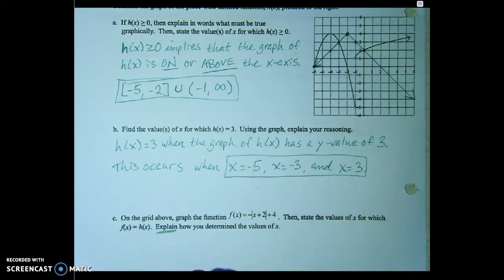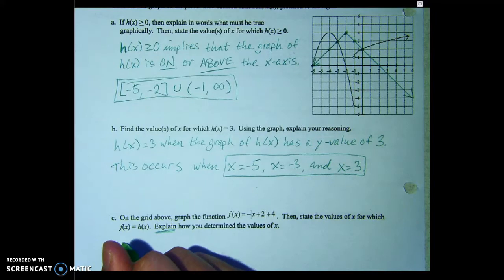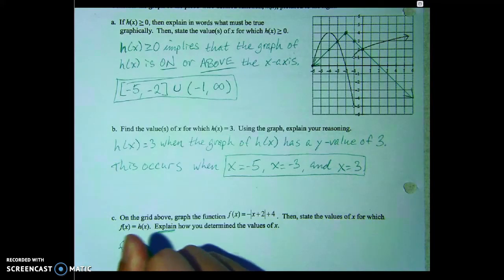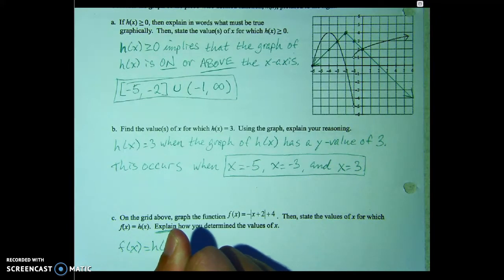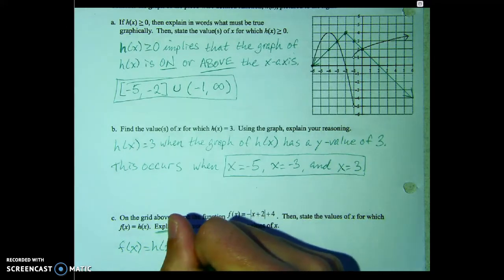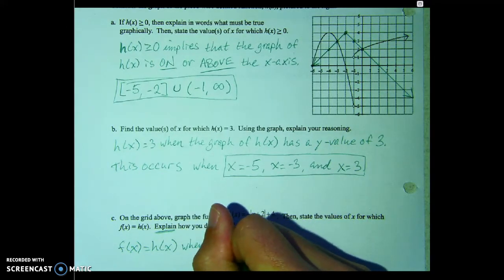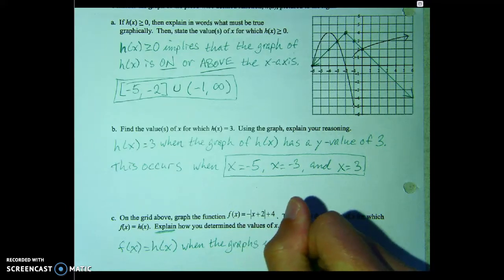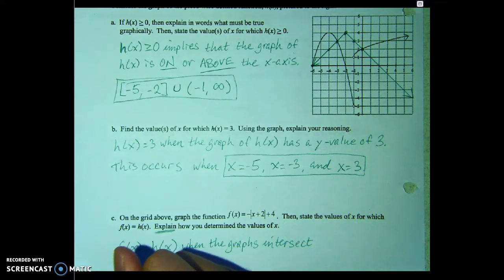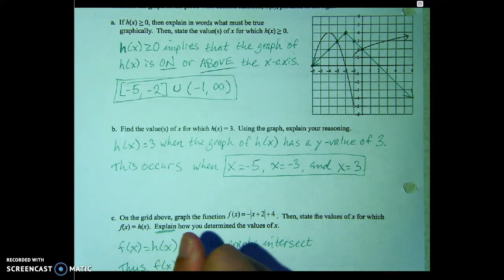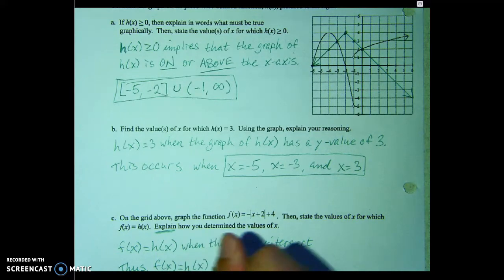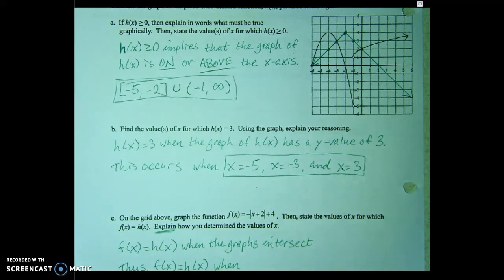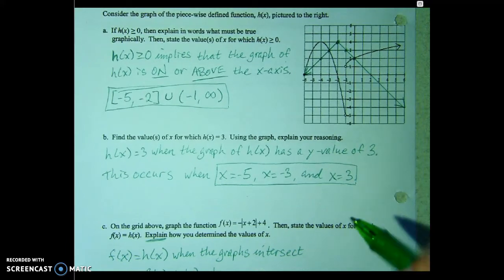So I'm just going to write again in writing, because it's asking us to explain, f of x equals h of x when the graphs intersect. Thus, f of x equals h of x when, let's see, when we have those intersection points.